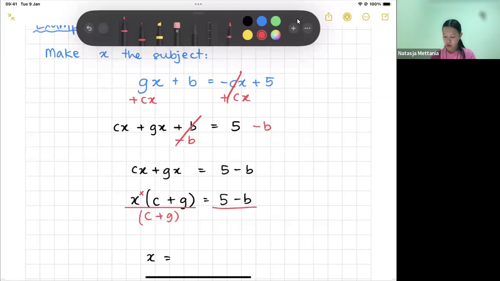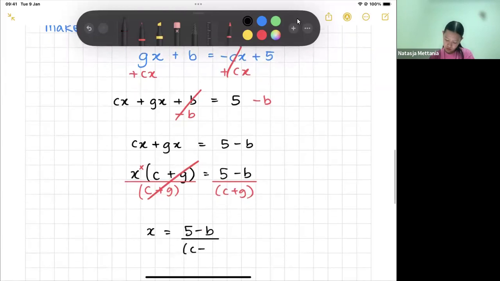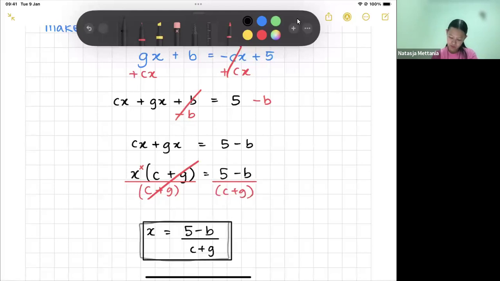What I do to one side, I must do to the other. This will cancel out, and now my final answer is going to be 5 minus b over c plus g. That's my final answer. Okay, so that's example number 1.